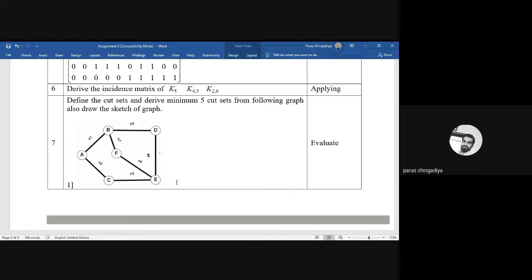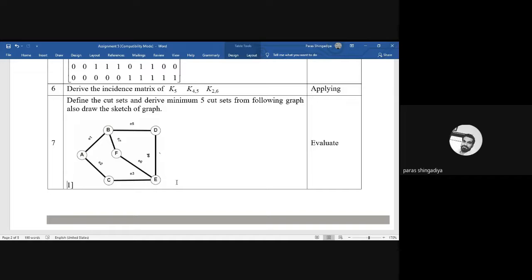Okay, yeah, good. So what is the meaning of cut set? One graph is given there. How can we define a cut set? Yes. So we have to identify some set of edges here. One graph is given, and you have to find some set of edges from this graph, and then delete this set of edges and make the graph disconnected.